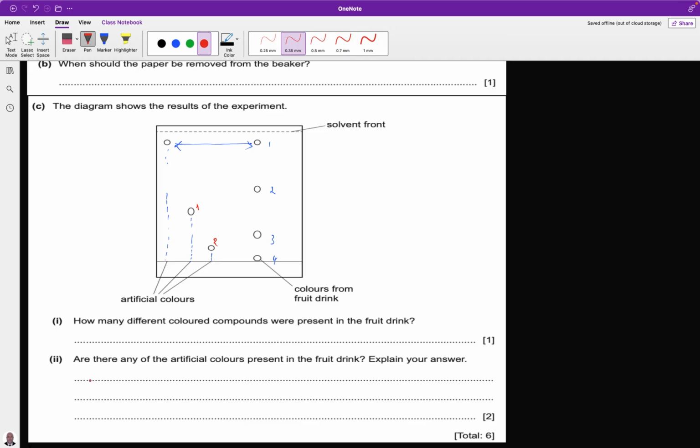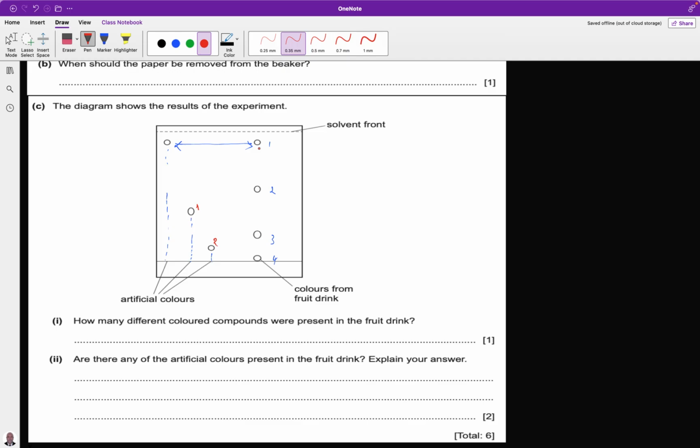The reason is this, because one of the artificial colors has traveled up the same distance as that in the fruit drink.